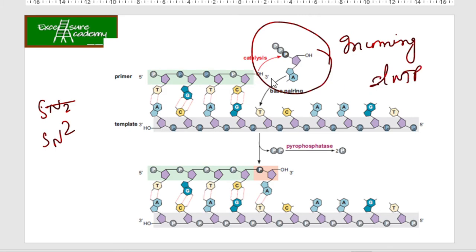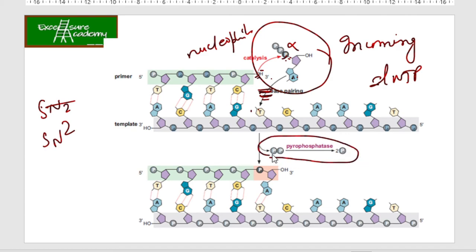That is the 3' OH of the primer. It is going to have the nucleophilic attack on the alpha phosphate of the incoming dNTP, right? And then this A and T is going to form the hydrogen bonds. So 2 hydrogen bonds will be formed between A and T, and here your phosphodiester bond will be formed. Okay, so what is being released is the pyrophosphate.